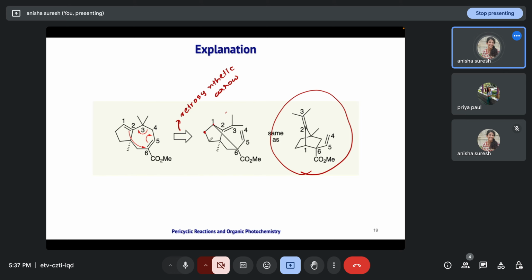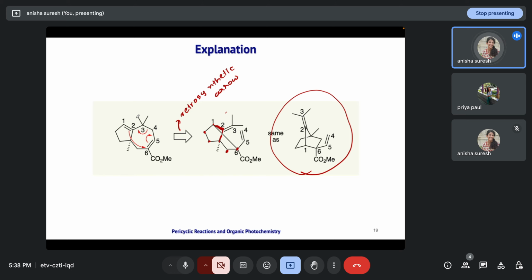One, two, three, 4, 5, and 6. And the bridgehead which is coming is this part. These two carbons, these two groups, are coming on the sixth carbon. That is how they have redrawn this. So when this undergoes a 3,3 sigmatropic rearrangement, it will result in the formation of this product.